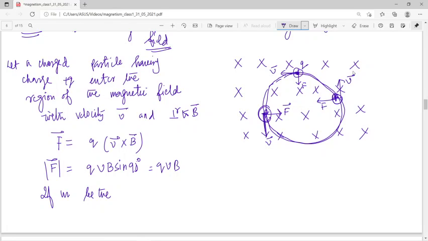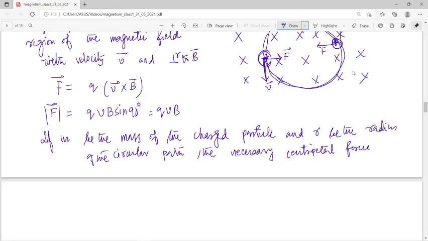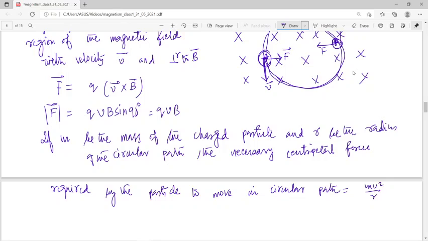So if m is the mass of the charged particle and r is the radius of the circular path, then the necessary centripetal force required by the particle to move in a circular path is mv square by r, and that should be balanced with this magnetic force.